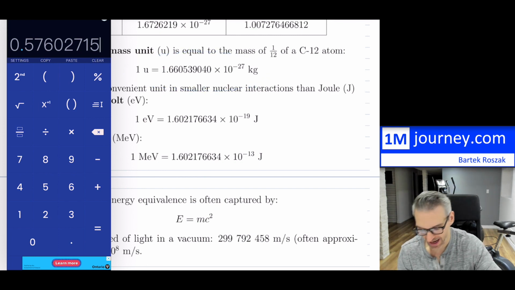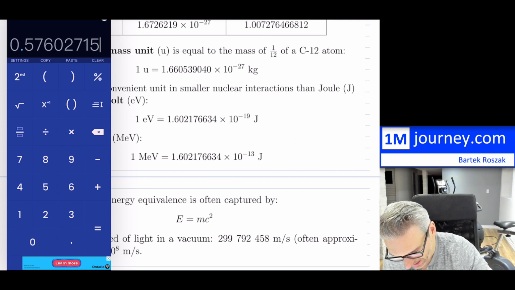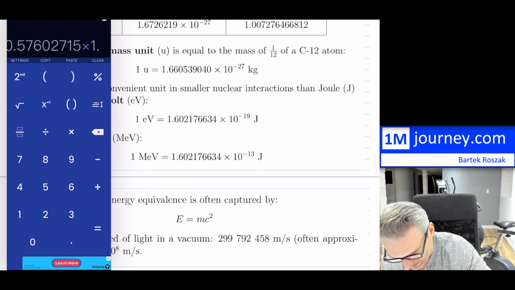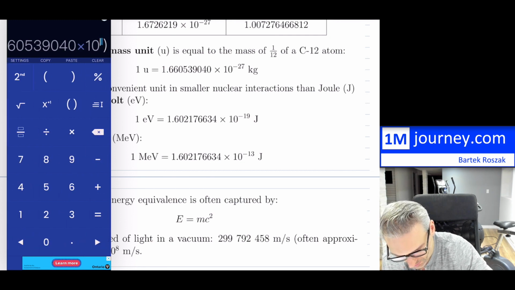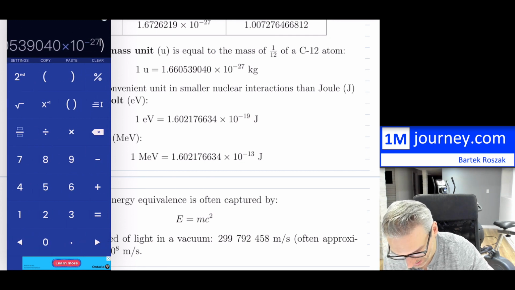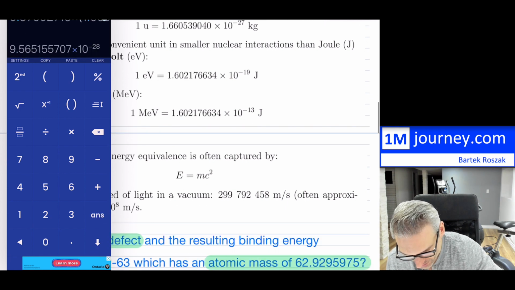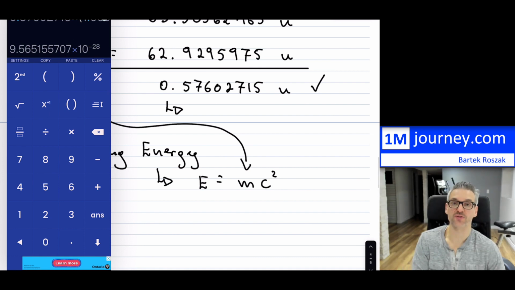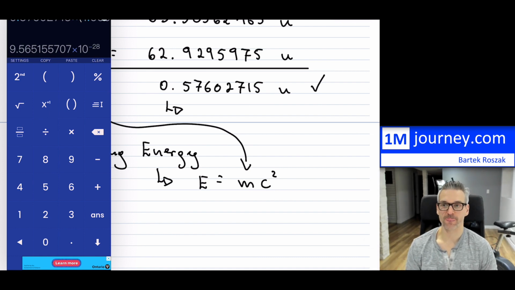I will take that answer and multiply it, let me put it in brackets, by 1.660539040 times 10 to the exponent of negative 27. It's going to be a very tiny amount, so it seems, but again, this is just for one nucleus.